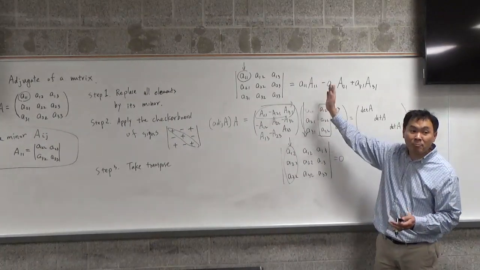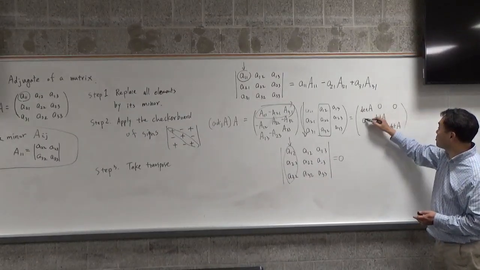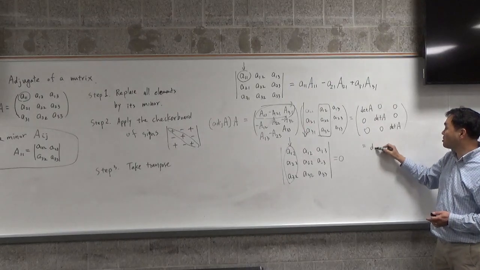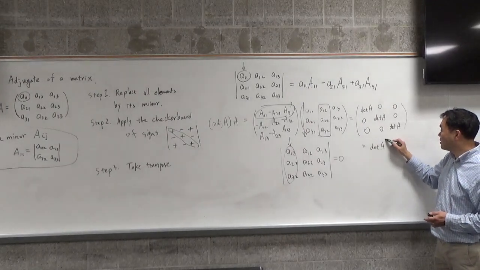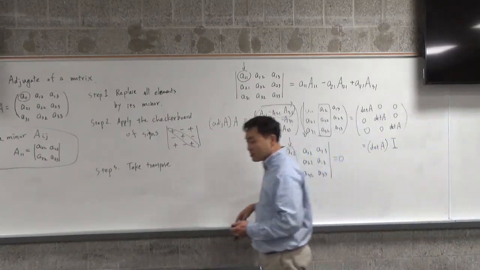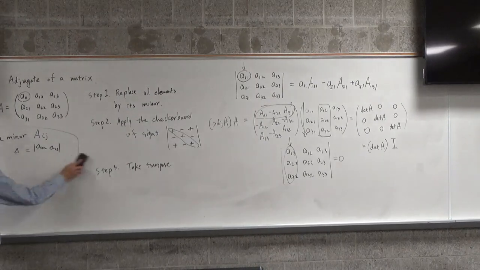So that will happen for every one of these, so it will be 0 here, 0 here, 0 here, 0 here, 0 here, 0 here, so that this will be determinant of A times the identity. And this observation leads you to a very nice formula for the inverse.